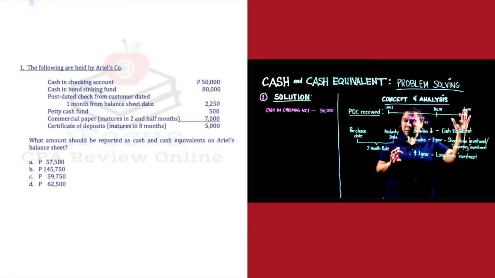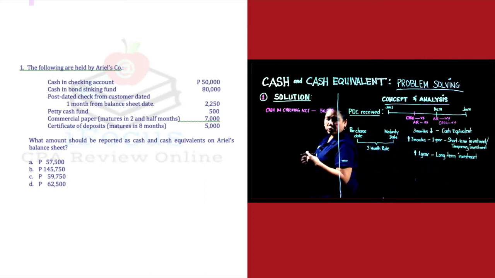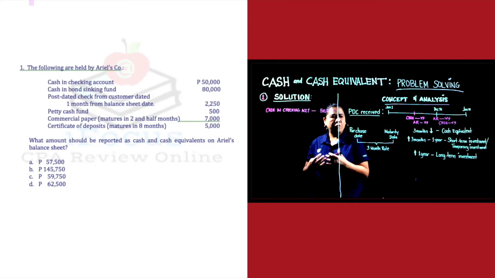Pagdating natin sa date ng cheque onwards. Alright? So as of December 31st, our adjusting journal entry is debit to accounts receivable and credit to cash. Alright? So itong item number 3 na post-dated check, hindi siya dapat kasama sa ating cash and cash equivalent.